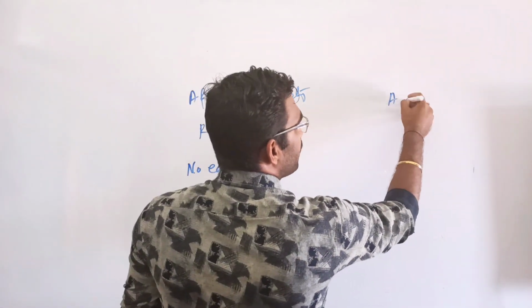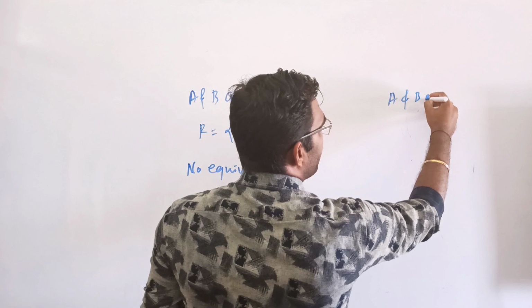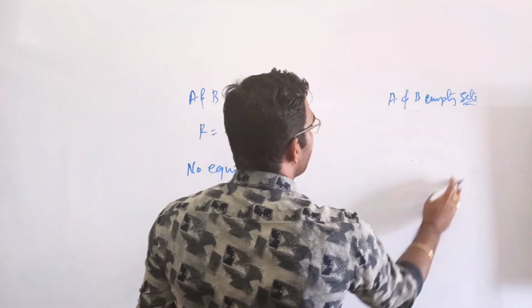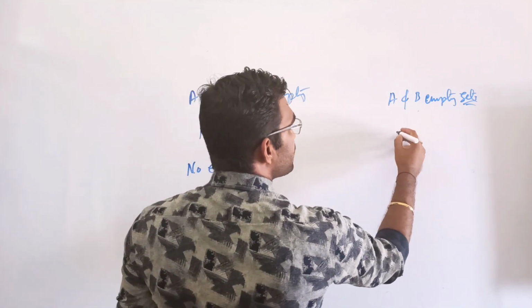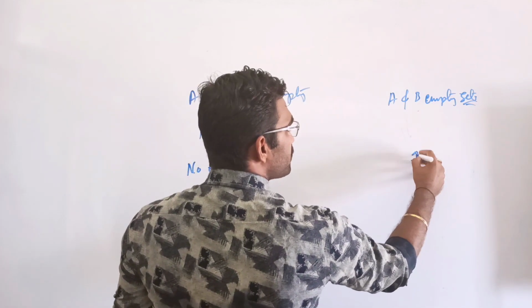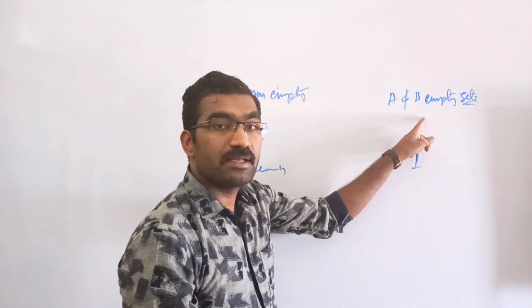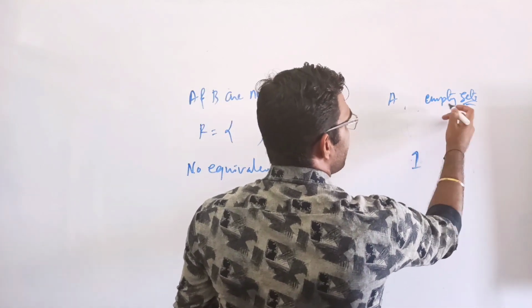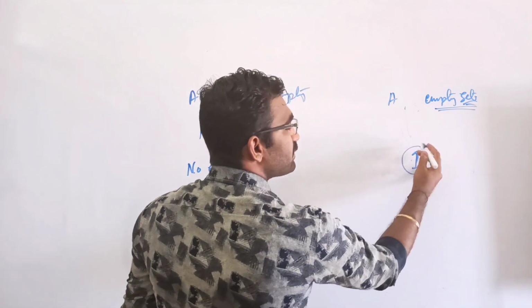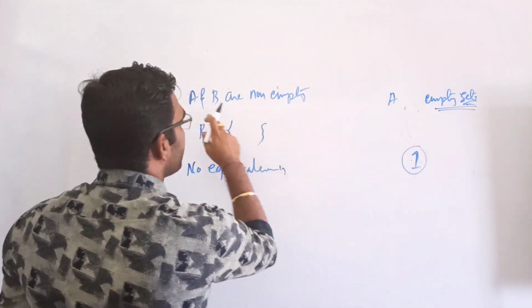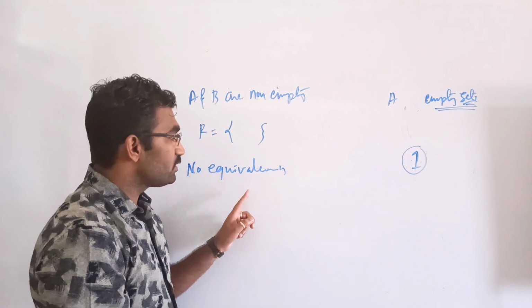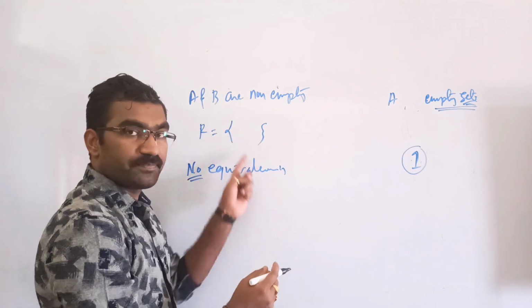If A and B are empty sets, then the number of equivalence relations is 1 here. So remember, if A is an empty set, then the number of equivalence relations is 1. If A and B are non-empty sets, then the number of equivalence relations is how much? No equivalence relations. Any doubts?